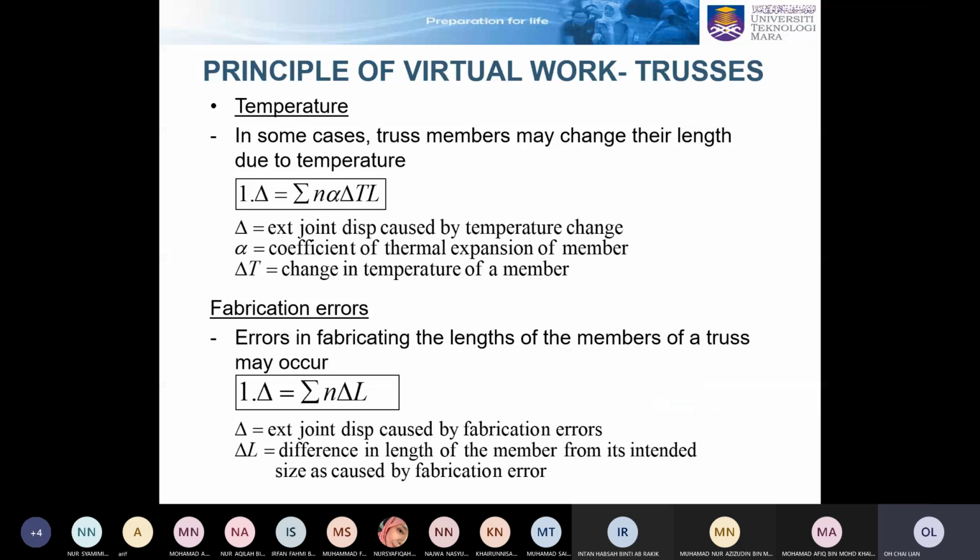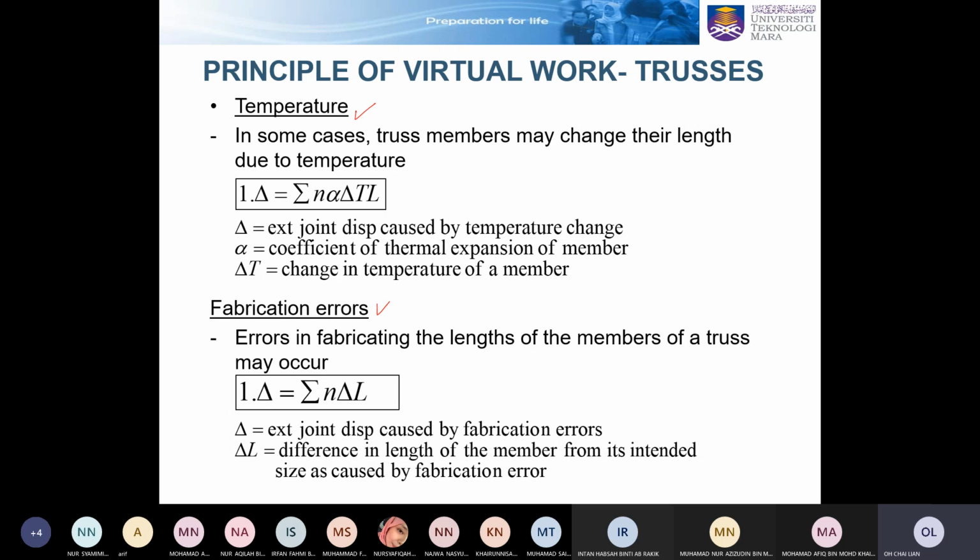But this truss, the deflection will be affected if it is subjected to two conditions: one is due to temperature change, and another is due to fabrication error.